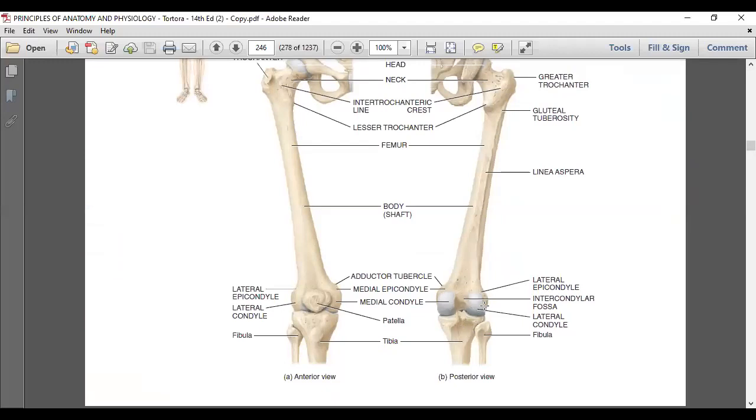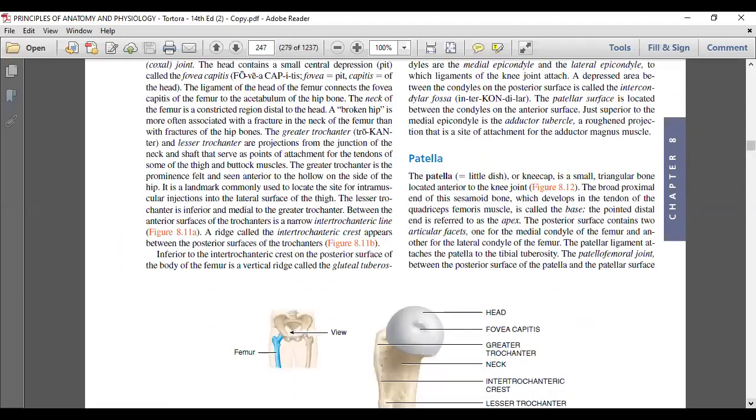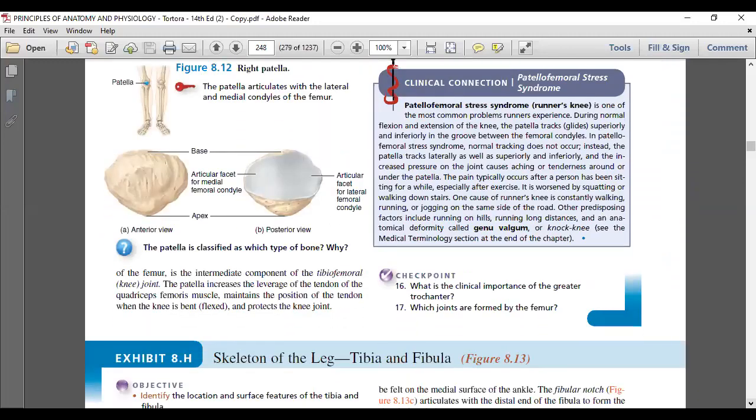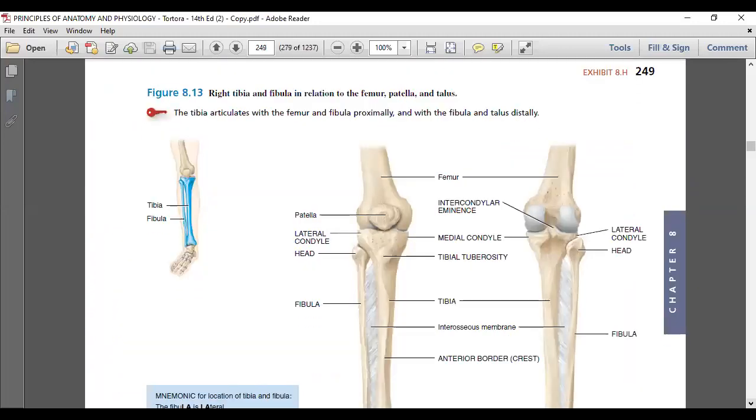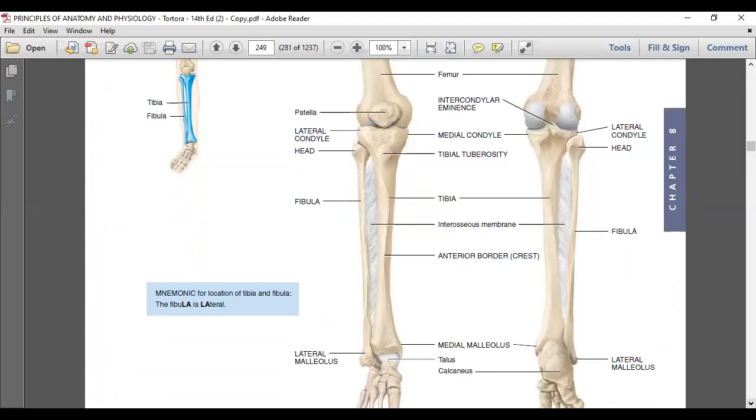When we talk about that, you can see the hinge attachment. At present we are just kids, that means just learning the surface level names. Tibia and fibula with their interosseous membrane.